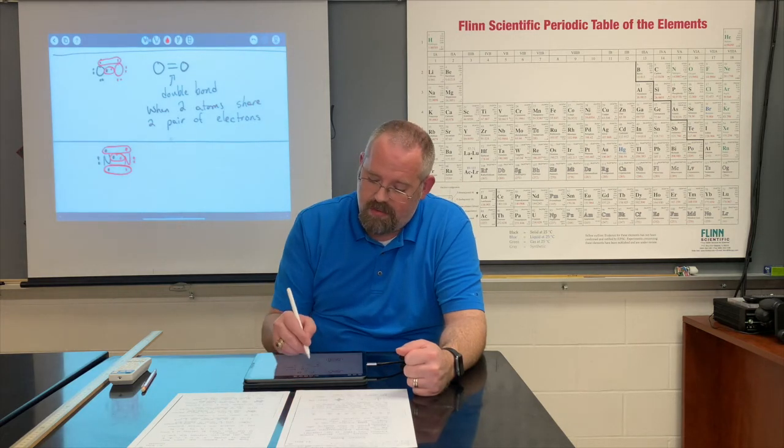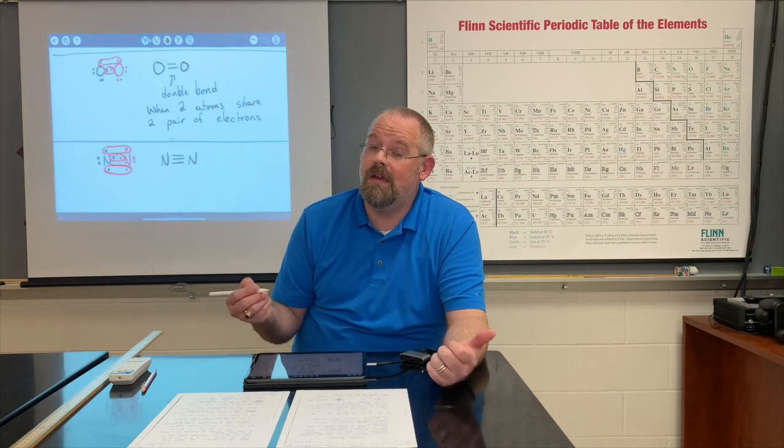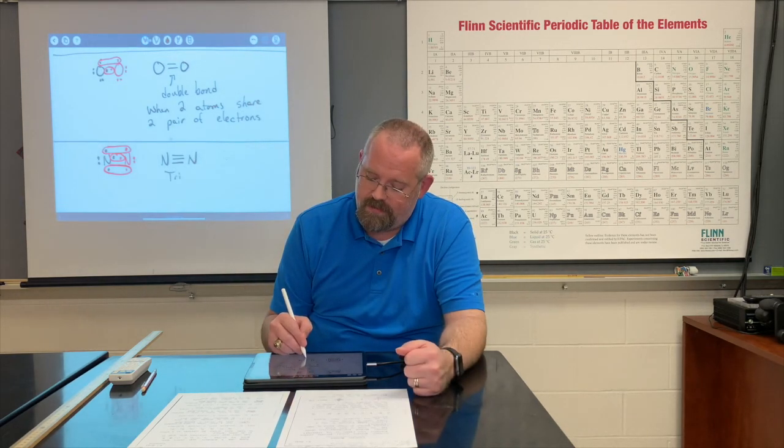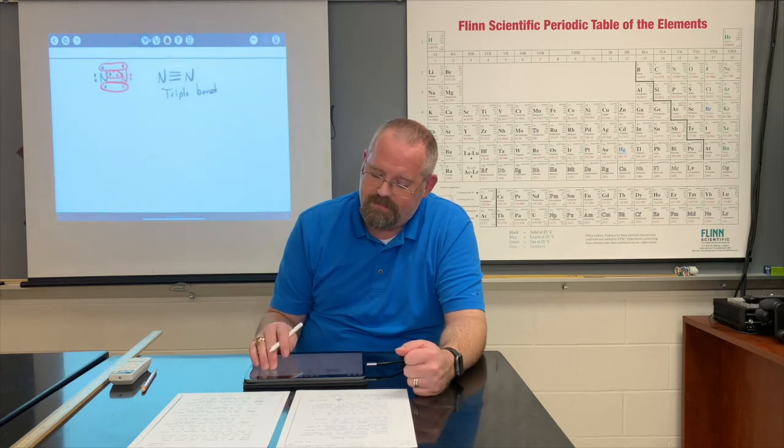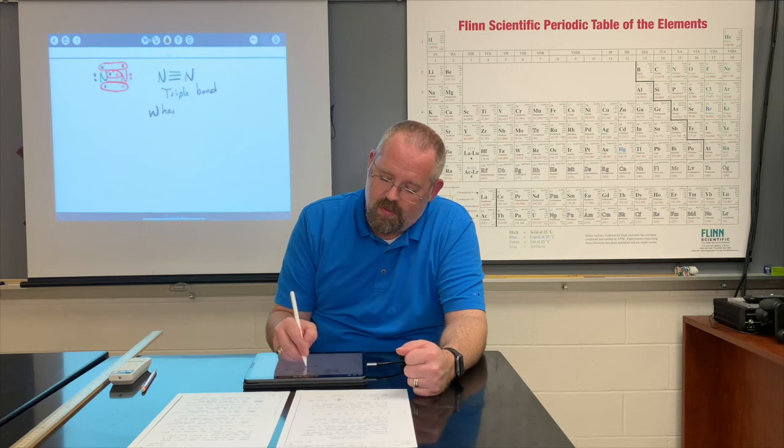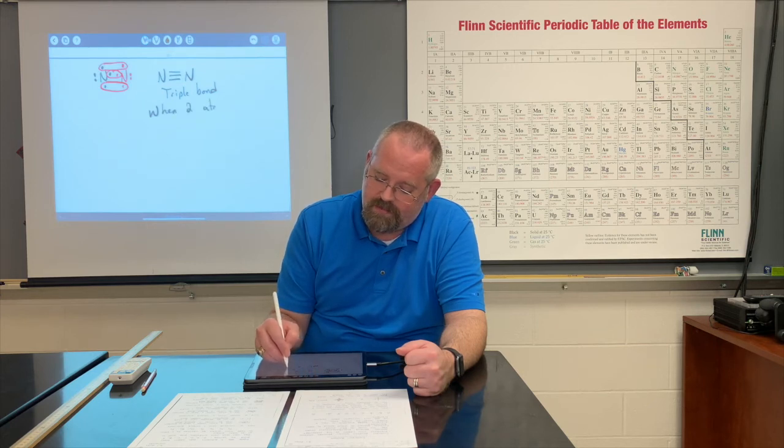And we end up with a structure that looks like this. This is called a triple bond. Okay, so a triple bond, when two atoms share 3 pairs of electrons.